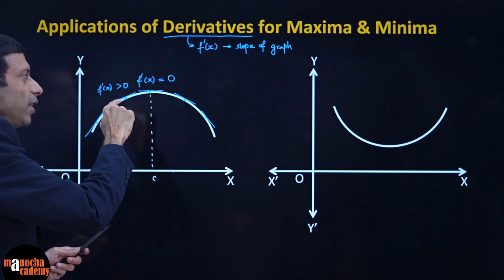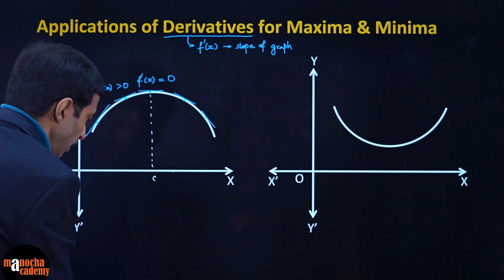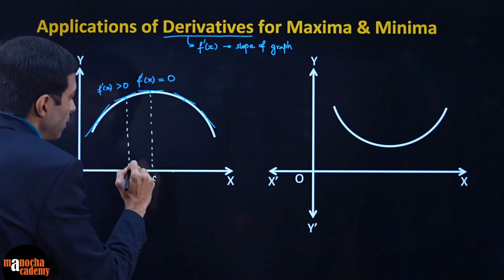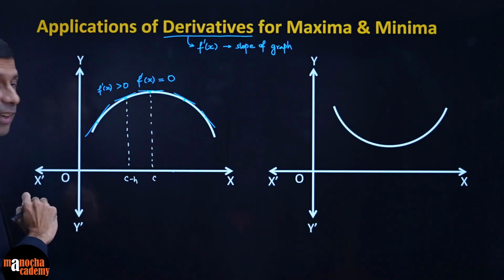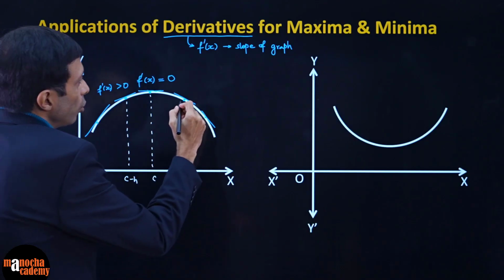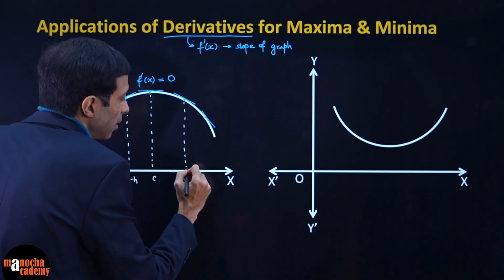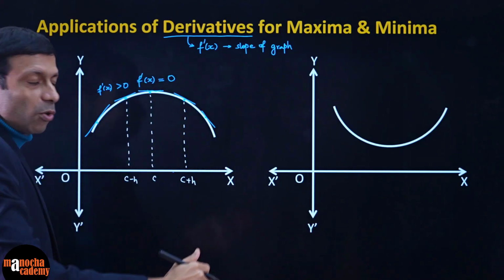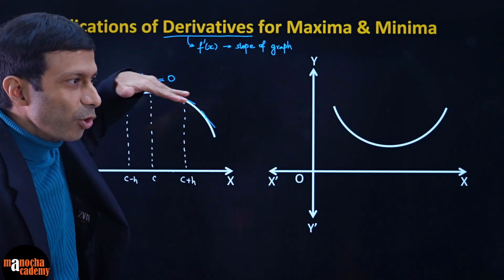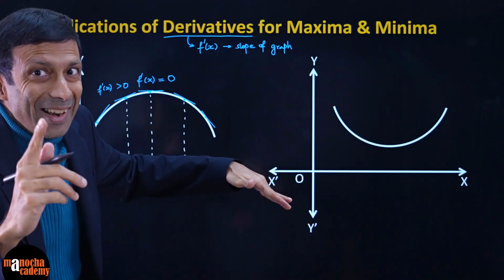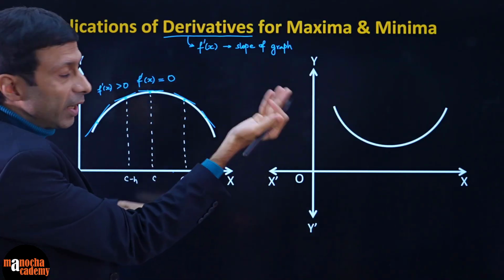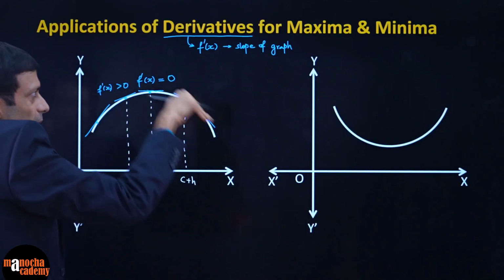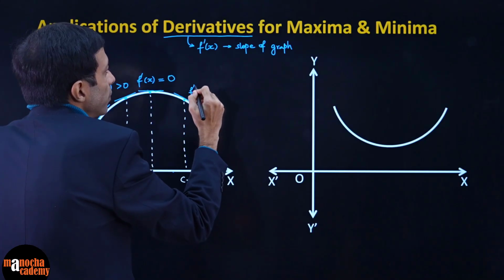This is basically c minus h: on the left hand side, slope is greater than 0. If we go to the right hand side region, c plus h, the line is now going down like this. When you're going down, the slope is negative. It will make an obtuse angle if you think in tan theta terms. This side is positive slope, this side is negative slope.